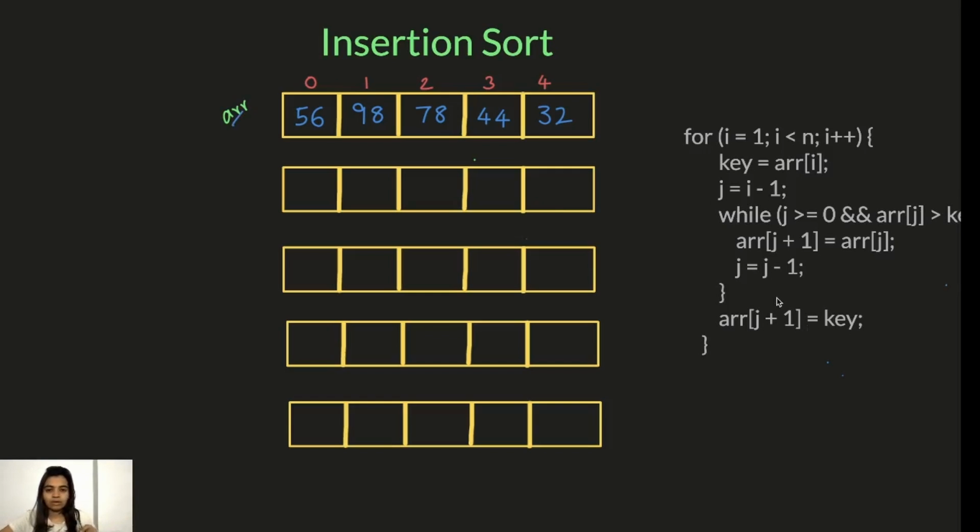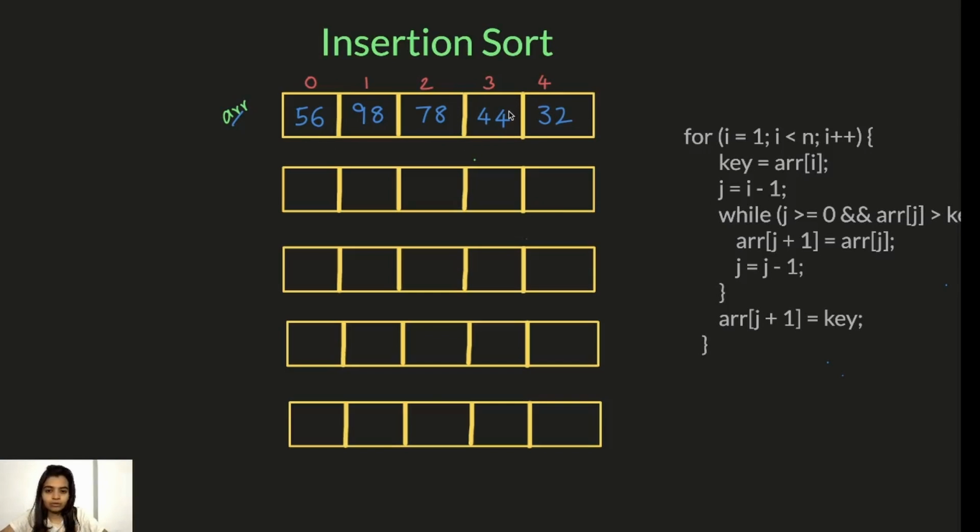So I'll tell you how insertion sort works overall. Let's imagine you have a deck of cards in your hand, all jumbled. Now what you have to do is arrange them. Here you can see the indices of the array, which is called R, and these are the elements, all in a jumbled order.